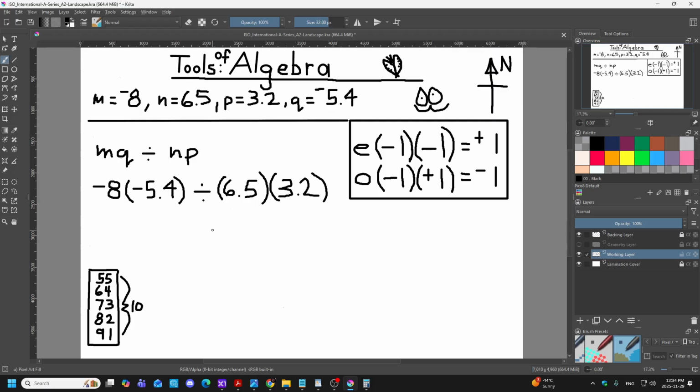So I'm going to get rid of that and rewrite it like this. Visually much more appealing and understandable to the brain and the eye. 6.5 times 3.2.